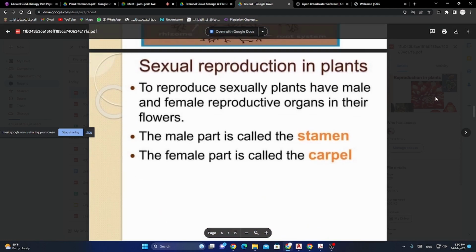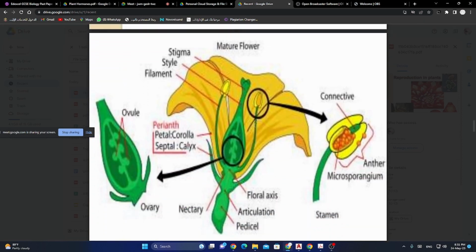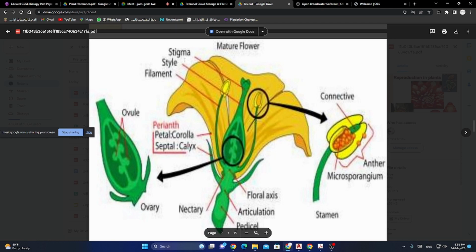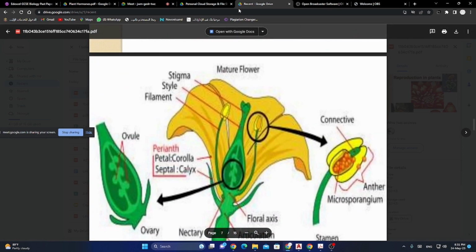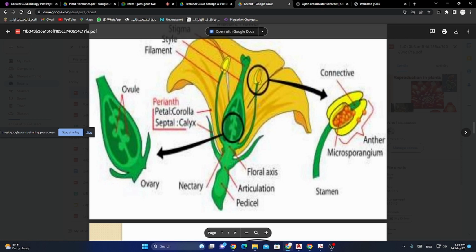Okay, now they're going to be talking about the stamen and carpel. So you know how flowers are divided into a lot of parts, right? Like you have the petals, you have the stamen, you have the carpel, you have everything else.